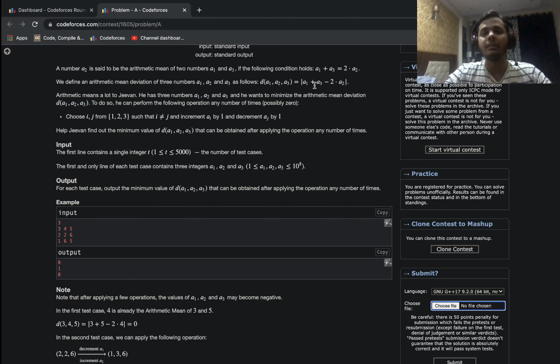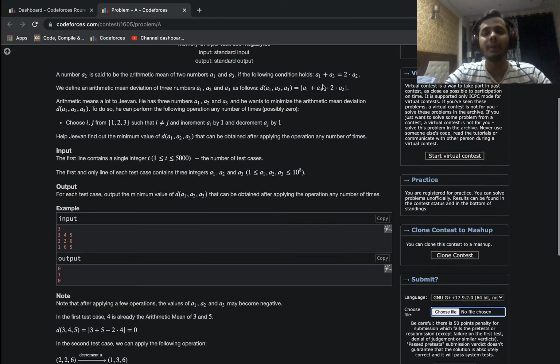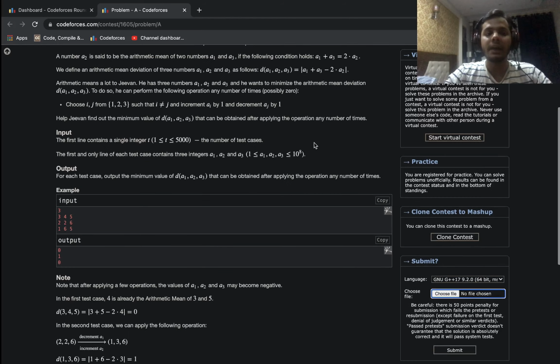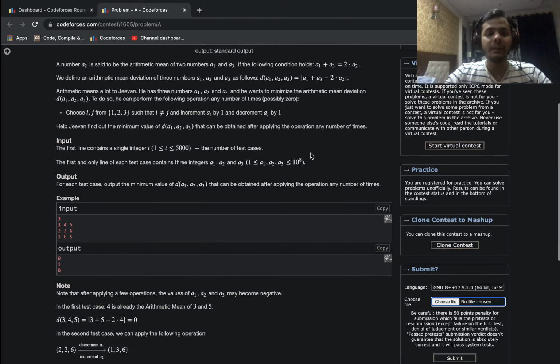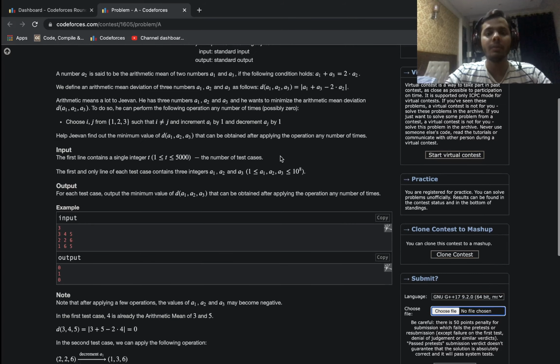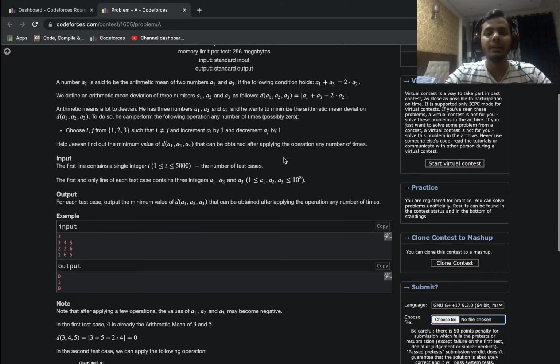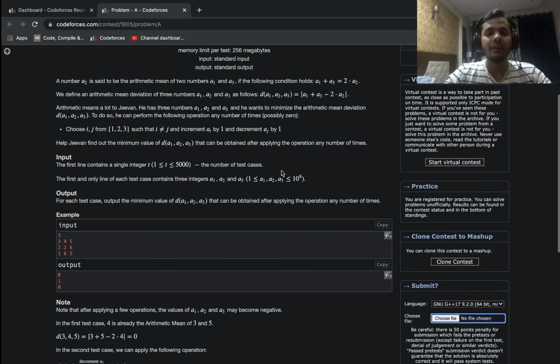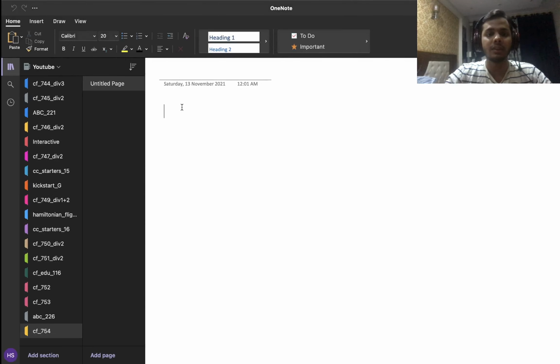Formally speaking, I have to minimize the absolute value of a1 plus a3 minus twice of a2. Even though this is a div 2 A problem, it is not very intuitive, but the solution here is really good to know, and it will be fun. So let's start.